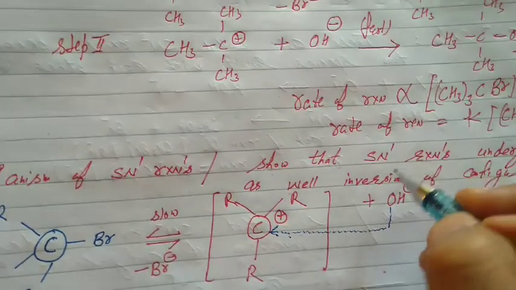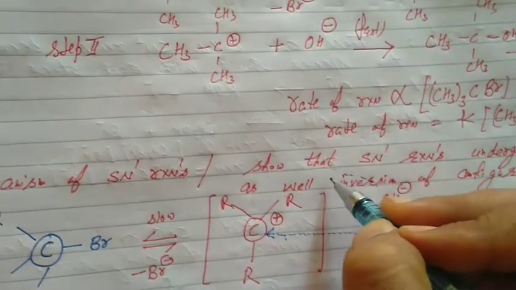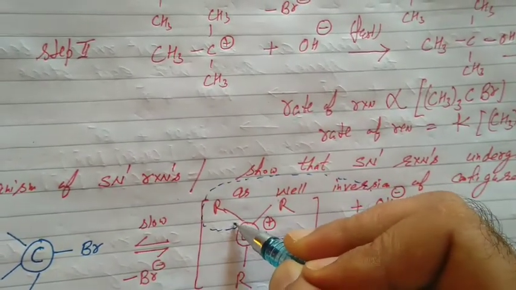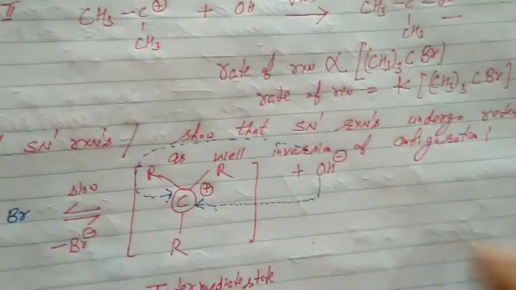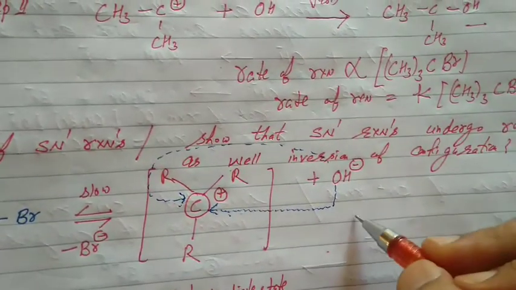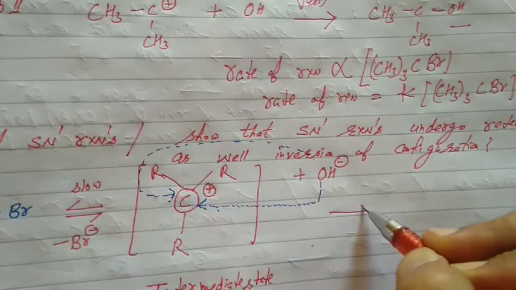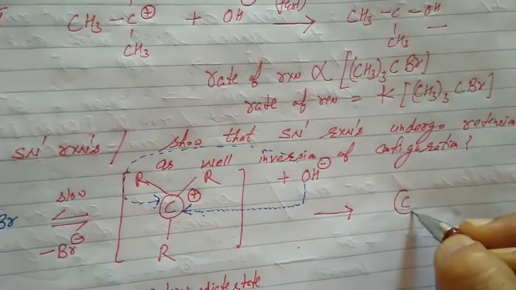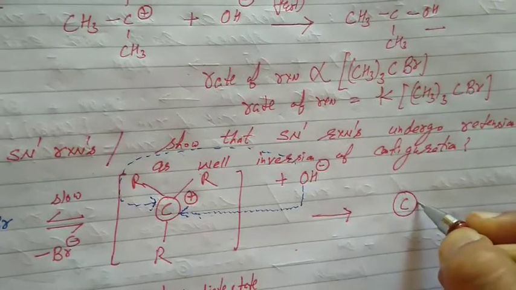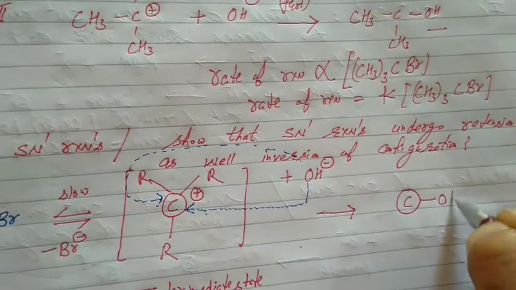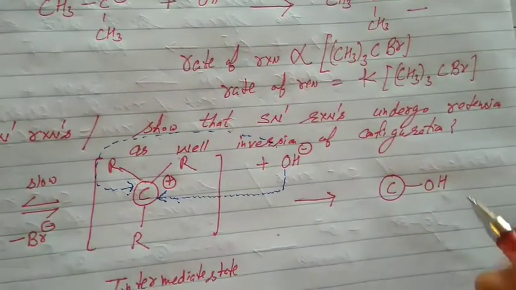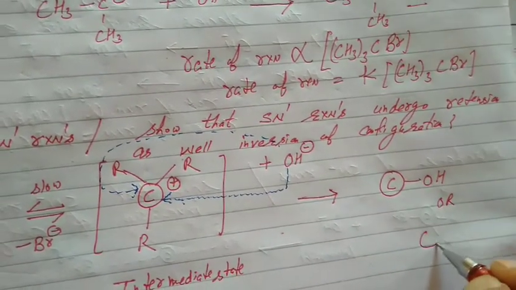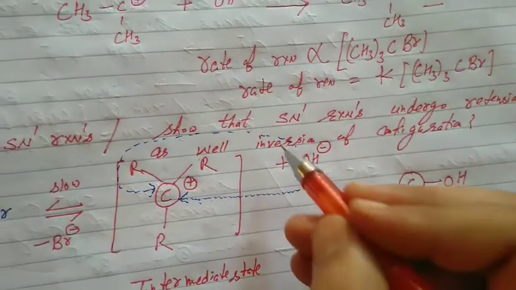Or there are also some chances that it attacks the carbocation from the back side. Both routes are open. Now students, please look here at what will happen in the second step. That's the carbocation. The nucleophile approaches directly from the front side, OH, or there are also chances that the nucleophile approaches the carbocation from the back side.